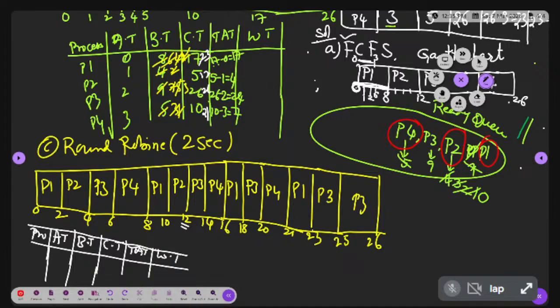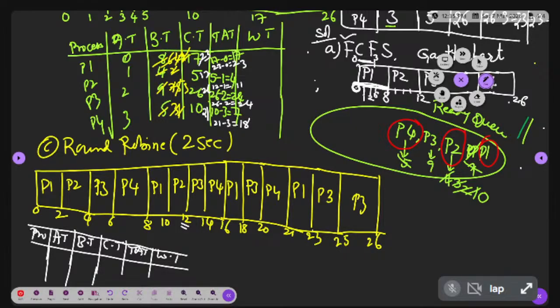Turnaround time: 23 minus 0 is 23. 12 minus 1 is 11. 26 minus 12 is 24. 21 minus 3 is 18. Update in your table.